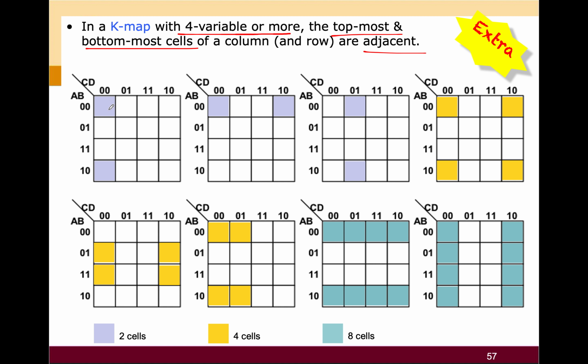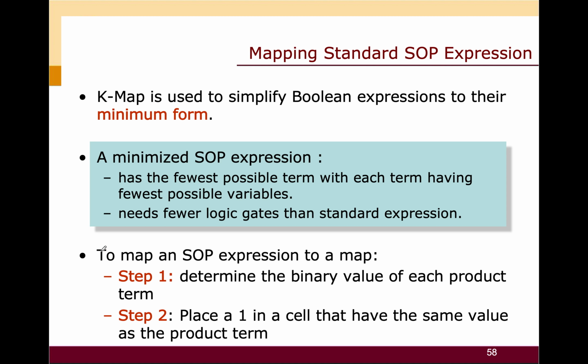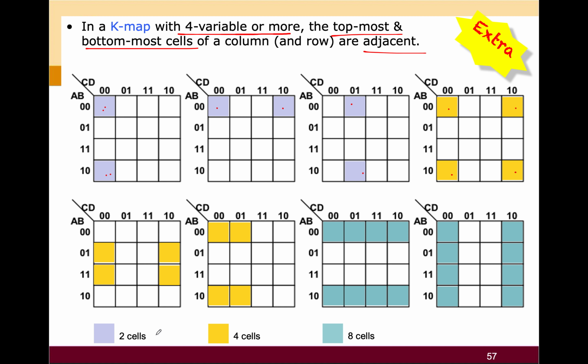So over here, if you look into this one and this one, they are adjacent to each other, similar to this one and this, here and here. So you're going to have only 2 cells, 4 cells, and 8 cells. Let us see what is the purpose of 2 cells adjacent, 4 cells, and 8 cells.